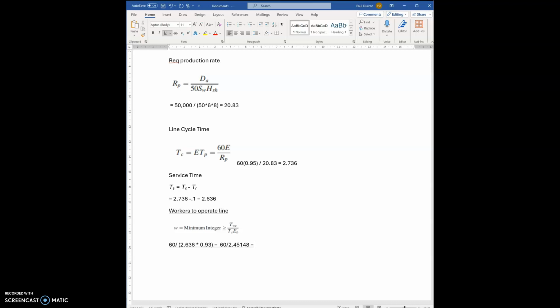I'm getting 24.47. We can't have half a worker or 0.4 of a worker, so that's equal to 25 workers.